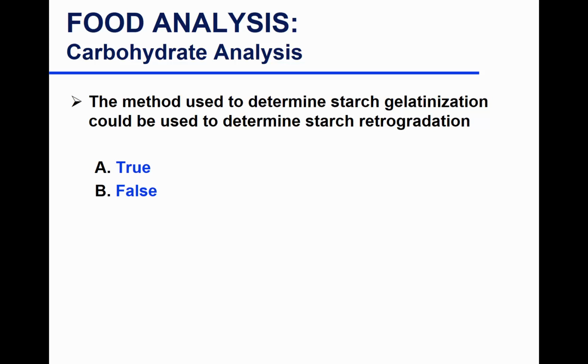Okay, so it is yes, and then we will talk about the method and see how we can use one method to determine either the amount of gelatinized starch or retrograded starch. But keep in mind, gelatinized starch can be hydrolyzed by amylase, okay, can be digested. Retrograded starch cannot be digested, and that's the basis for that method that we're going to talk about.